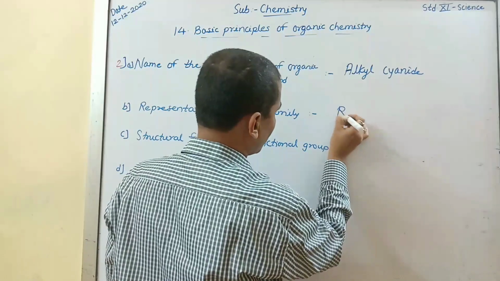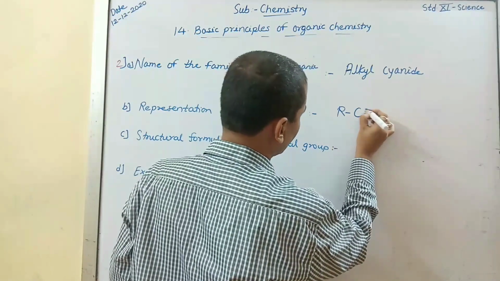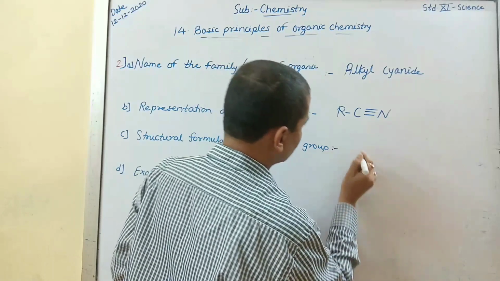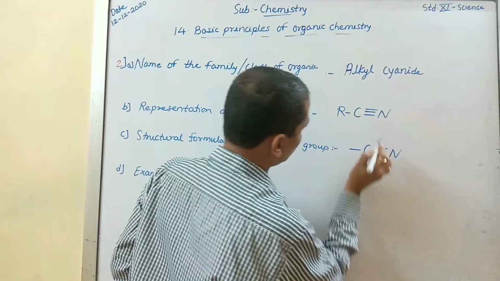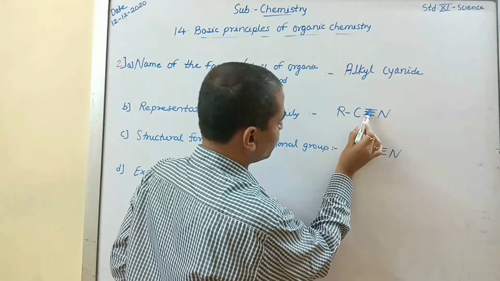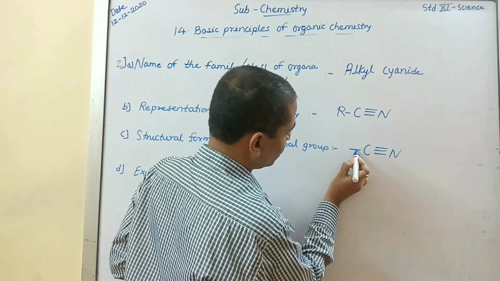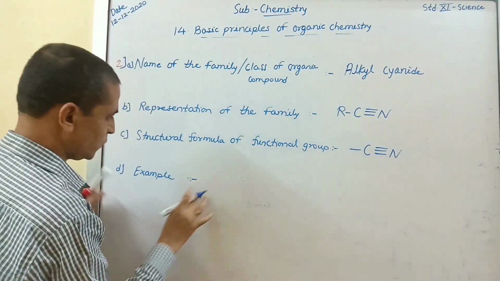It is shown by RCN. And the functional group structure is C triple bond N. You know that the valency of nitrogen is 3 and the valency of carbon is 4.